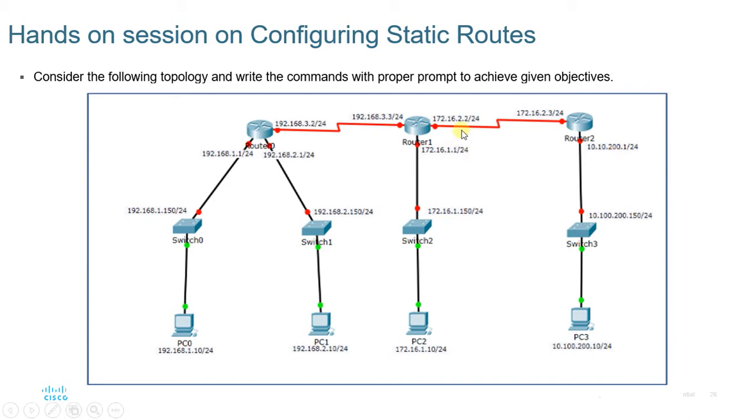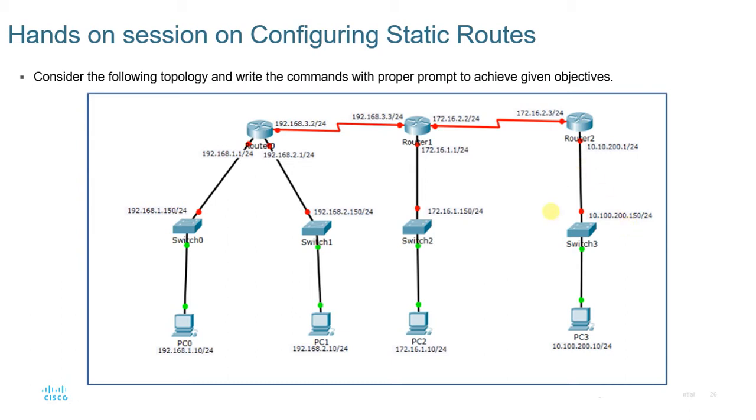For router 1, if we see, these three are directly connected networks, and for router 1, 192.168.1.0 is a remote network, 192.168.2.0 is a remote network, 10.100.200.0 is also a remote network.